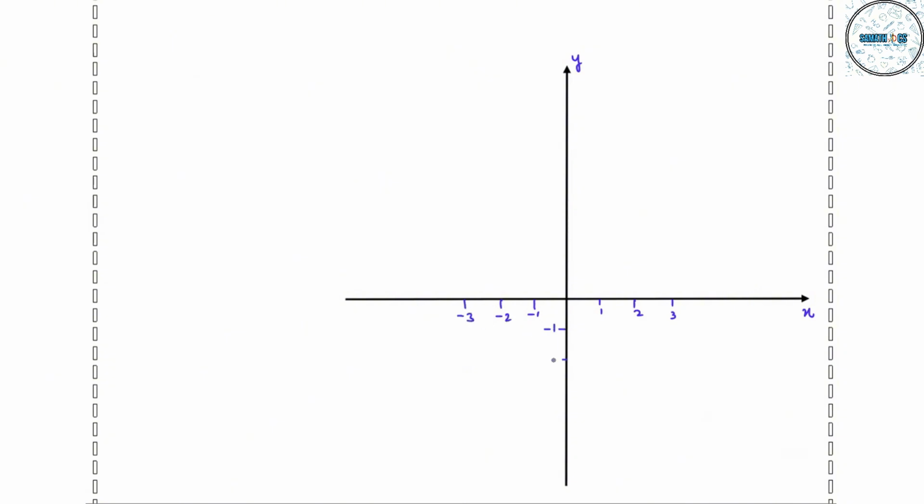The vertex is at 0, -3, so it's here. Now, we can take one value on the right-hand side of the vertex and another value of x on the left-hand side of the vertex. So we can take here the value of x as 3.